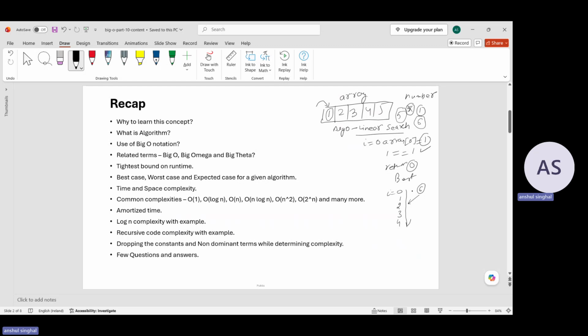And then the expected case is usually the average case scenario, because usually whenever we are given an array, on an average day, our array will be randomly distributed. It will not always be like 1 2 3 4 5 or 5 4 3 2 1.